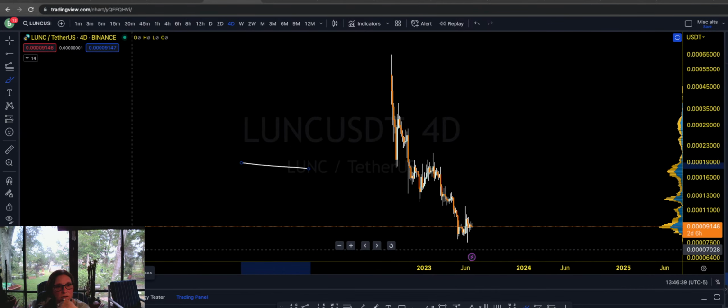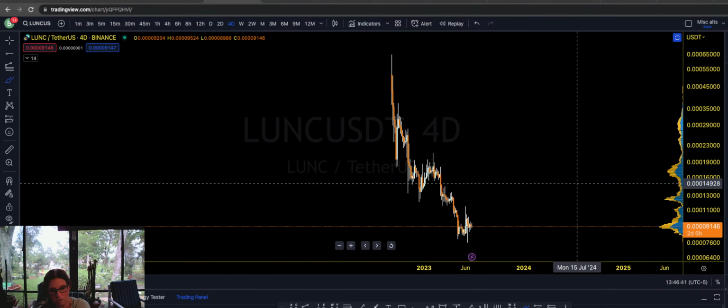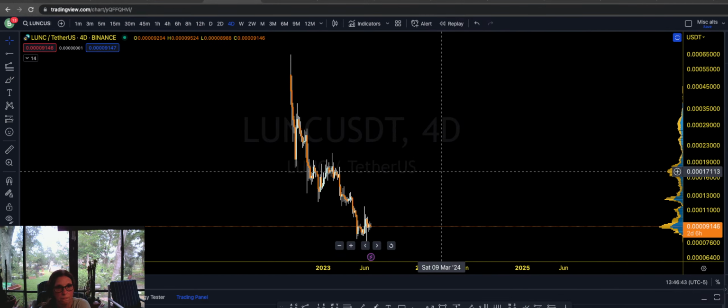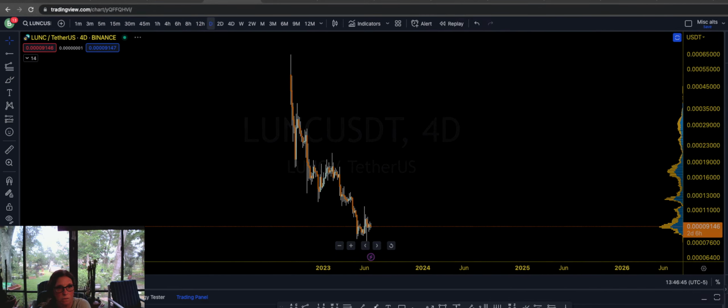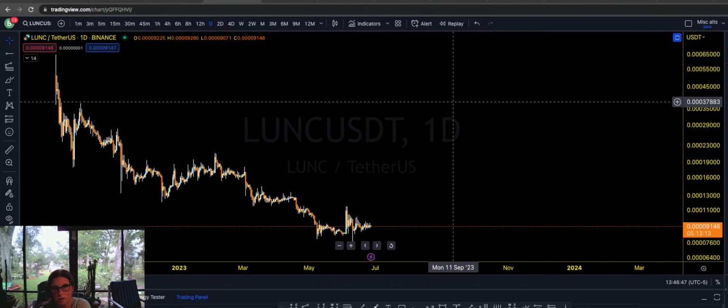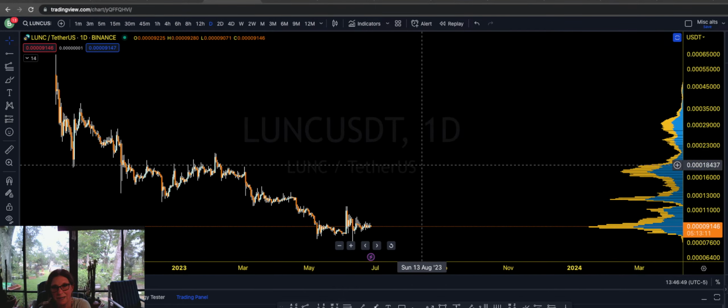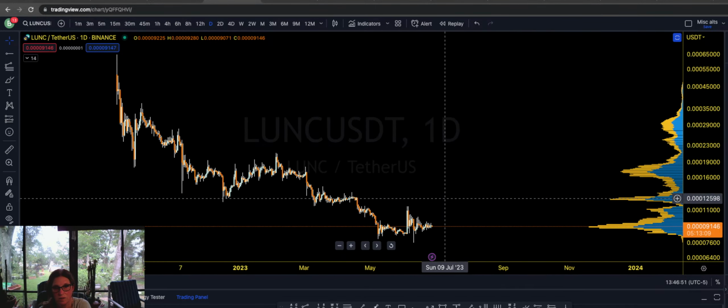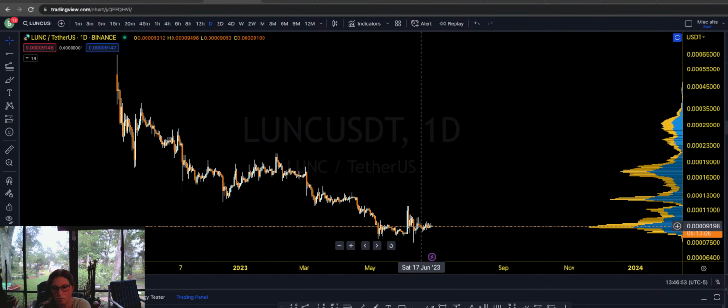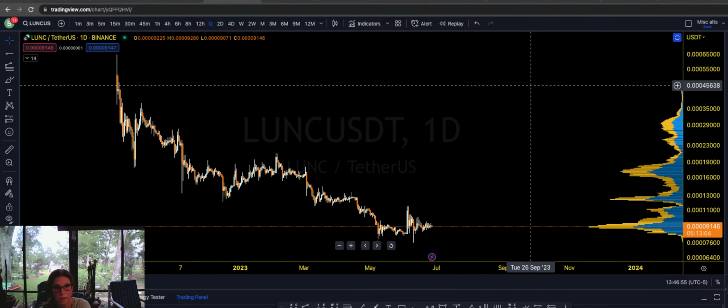All right. So it looks like it's just been diving to the downside, which means when it finally turns, it will be the beginning of its wave one. Okay.